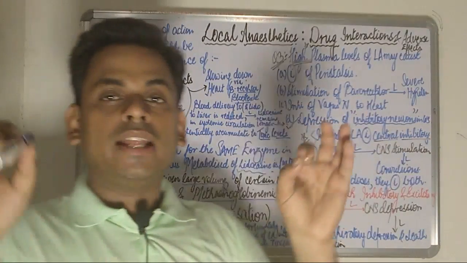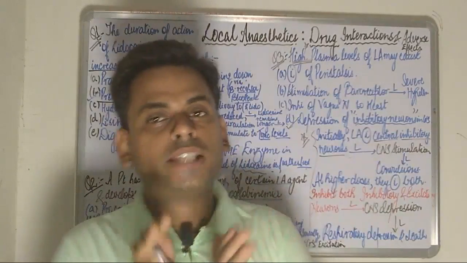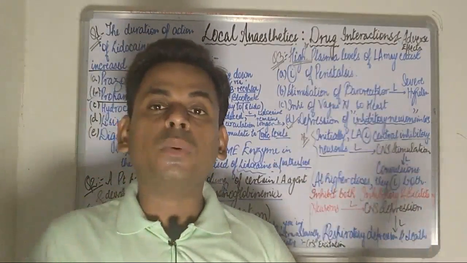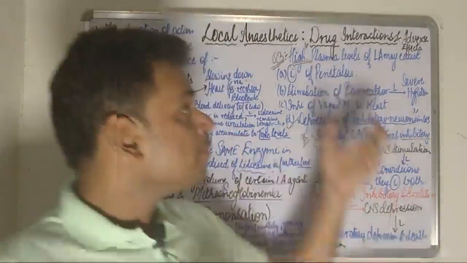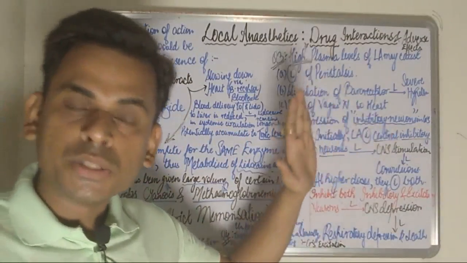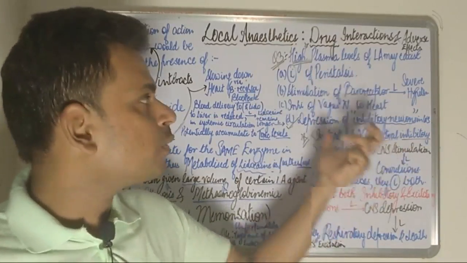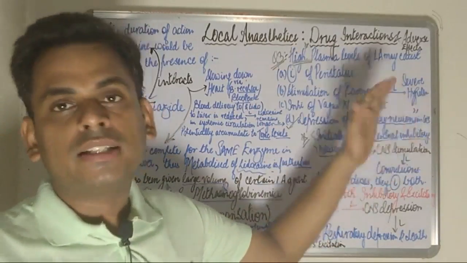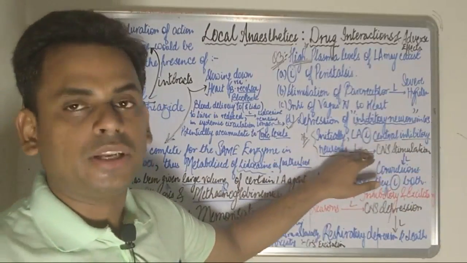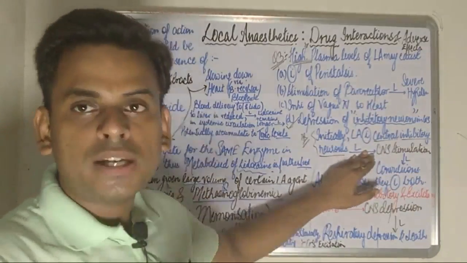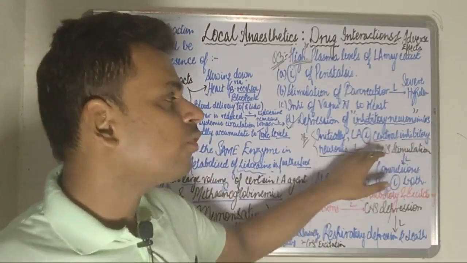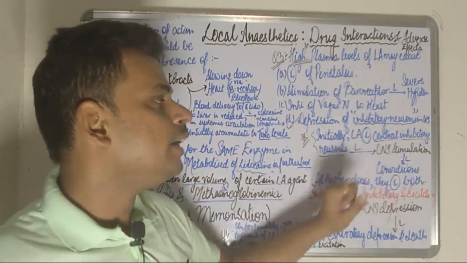So students, in the various MCQs, what they most frequently ask is the adverse effect of the local anesthetic at smaller doses. If the local anesthetic is injected in a smaller dose and causes any adverse effect, it is CNS stimulation, which can lead to convulsions.